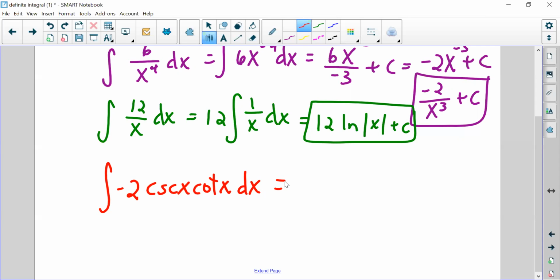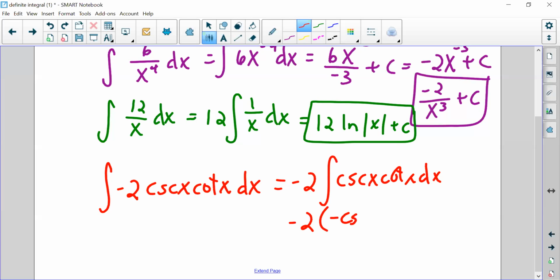Okay, so what function, when I took the derivative, gave me cosecant cotangent? Negative cosecant. So again, I'm going to factor out that negative 2. And then I have the integral of cosecant x cotangent x dx, which is equal to negative cosecant x.